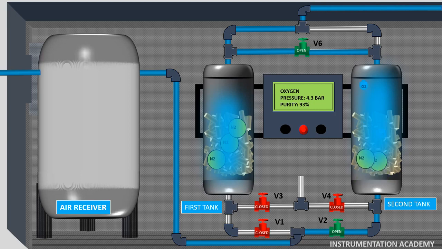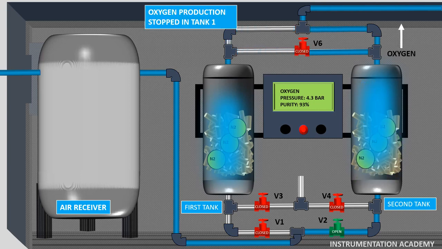A small portion of the generated oxygen of the second tank flows from top to bottom of the first tank, which is required to push out the nitrogen that was trapped in the zeolite. Now as the pressure inside the first tank reduces, the zeolite loses its ability to absorb nitrogen and starts releasing the remaining nitrogen that was absorbed earlier.